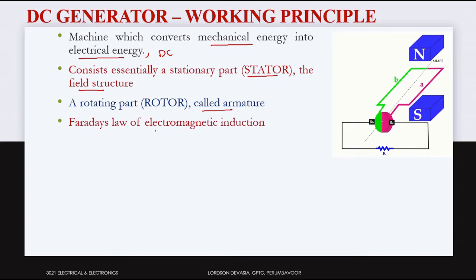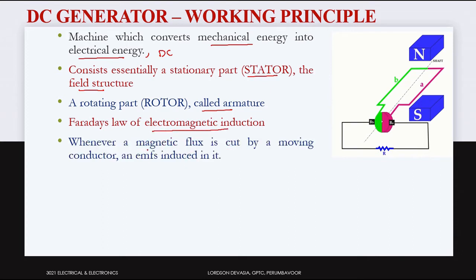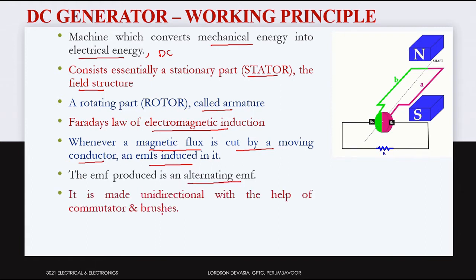And the basic principle is Faraday's law of electromagnetic induction. That is, whenever a magnetic flux is cut by a moving conductor, an EMF is induced in it. The EMF produced is an alternating EMF, and that alternating EMF is made unidirectional by using commutator and brushes.